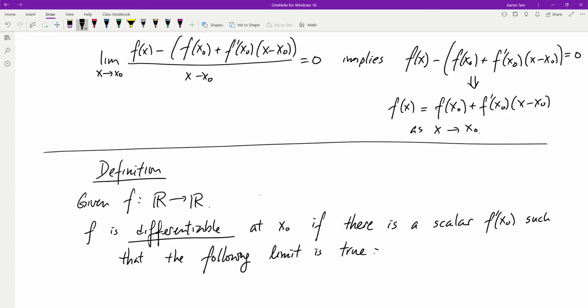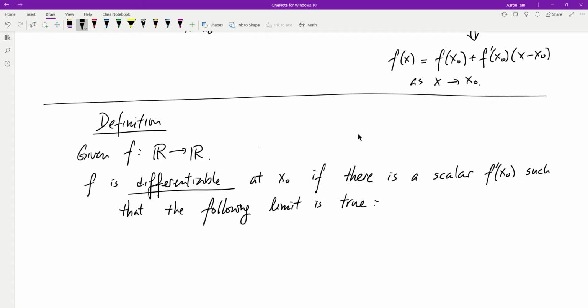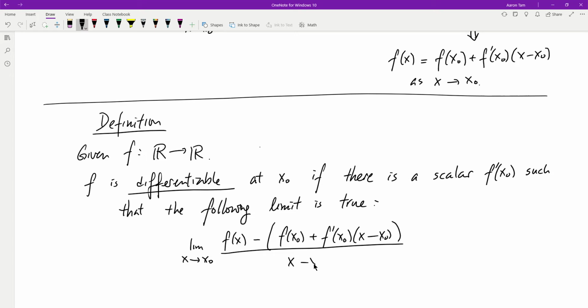And that limit, of course, is this one right here. Limit as x approaches x sub 0, f of x minus f of x sub 0 plus f prime at x sub 0, x minus x sub 0, over x minus x sub 0 is equal to 0.